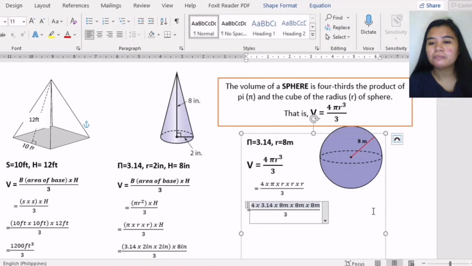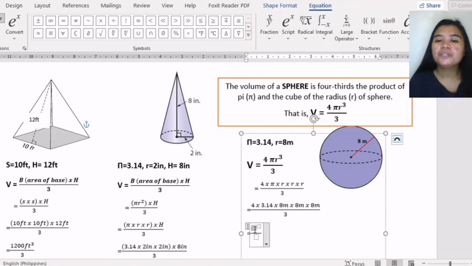So, after that, equal, and then if we are going to multiply 4 times 3.14, that is 12.56, and then 12.56 times 8, that is 100.48. 100.48 times 8, that is 803.84.